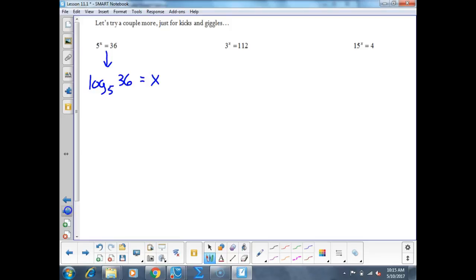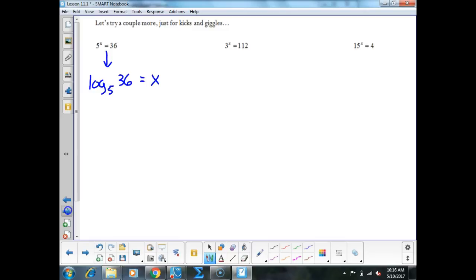And now I can use my calculator and the change of base form to figure out what log base 5 of 36 is. I know from yesterday that it should be bigger than 2, because log base 5 of 25 is 2, and it should be smaller than 3, because log base 5 of 125 is 3, and I know that 36 falls between 25 and 125.